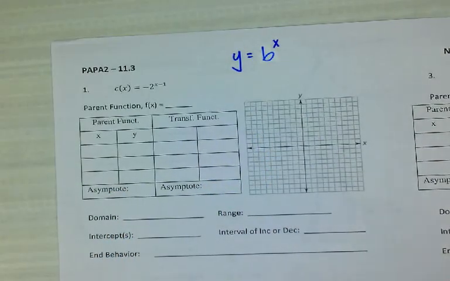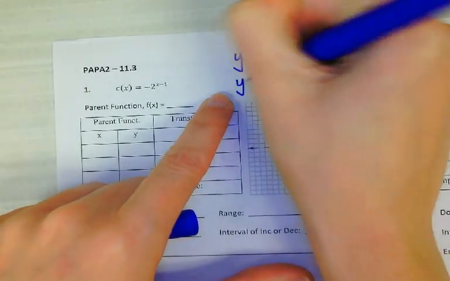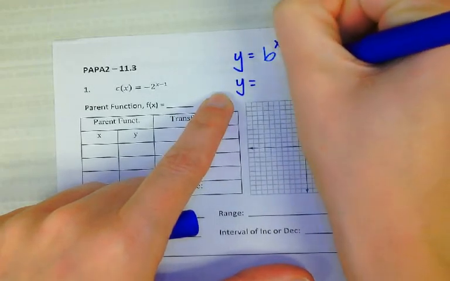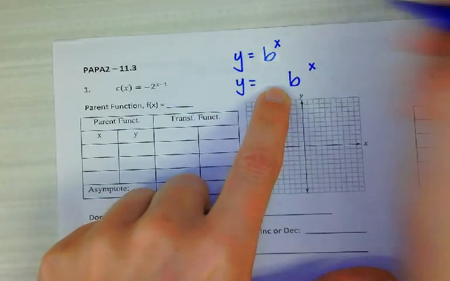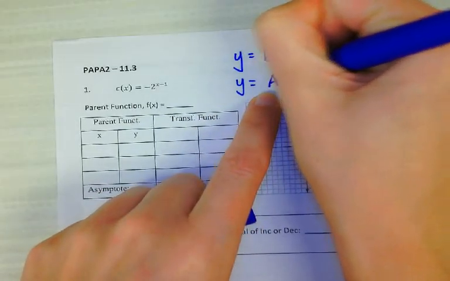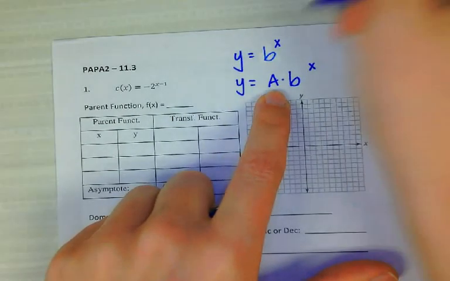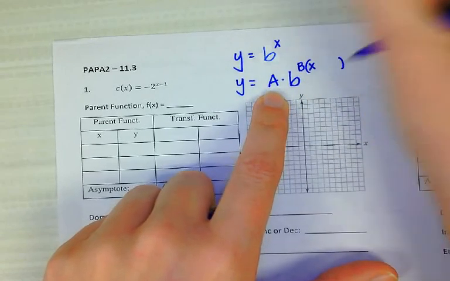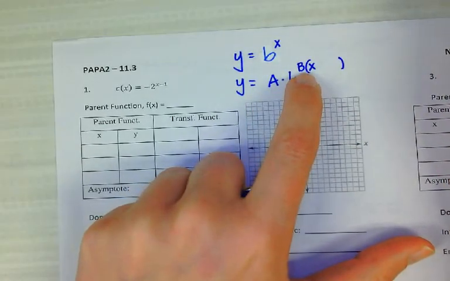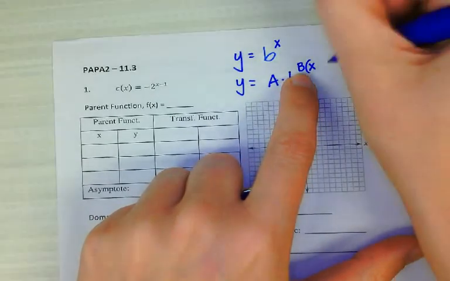For our actual shifting of the graph, you know how we usually talk about A, B, C, and D. In our equations today, we're always going to have our base to some power, but then we're going to be looking for any vertical changes in the front, vertical stretches and compressions. We're always going to factor out, I'm going to use capital B here, any necessary horizontal compressions or stretches or reflections.